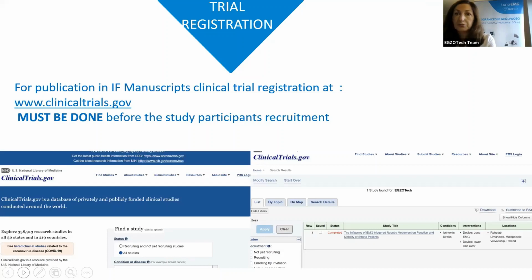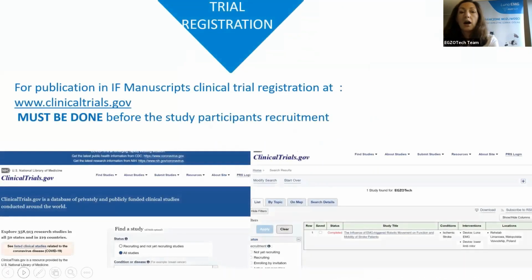This is clinicaltrials.gov. And you should always remember that this clinical trial registration must be done before the study participants are being recruited. So we can have the study plan, we can have the study design, we can have the ethical committee agreement.